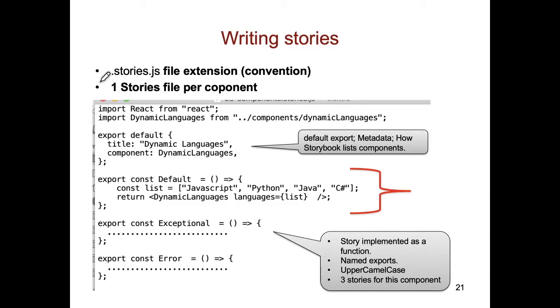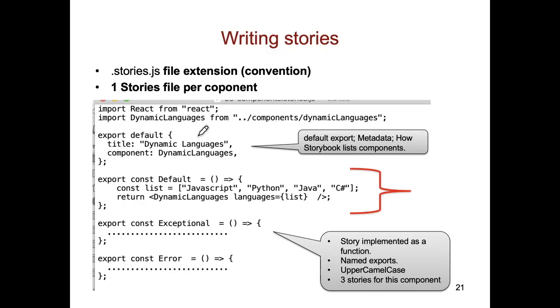So that means we would have one stories file per component. And this is the pattern that your stories implementation needs to follow. So on top, of course, I'm importing React. And I'm importing, in this case, the component that I'm writing stories for. So this is my dynamic languages component that I was describing earlier on.